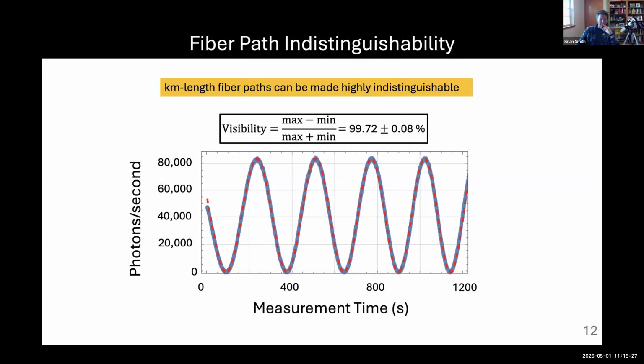Yeah, I guess following on that, Nick, have you made measurements on the polarization stability? Because we're doing that right now in our group, but over a shorter fiber length, about 300 meters. Passively, we see very little drift, but there is some. It's on the order of maybe minutes or so.